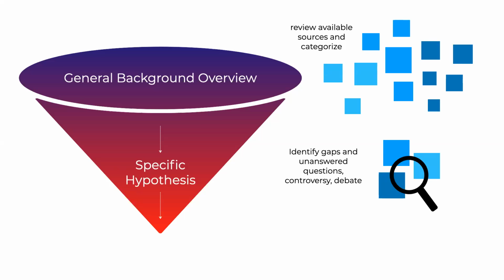Maybe pick a controversy or a debate. You might say, this group has proposed this, another group has hypothesized something else. You see that maybe they do not agree 100% and there are many different views. As a result of spotting that as an opportunity, you will want to identify your own question or hypothesis.